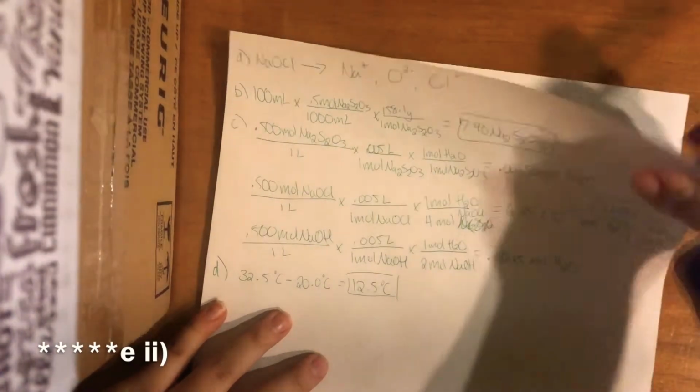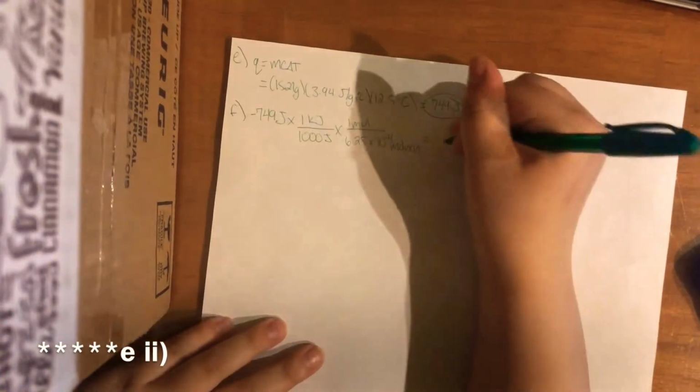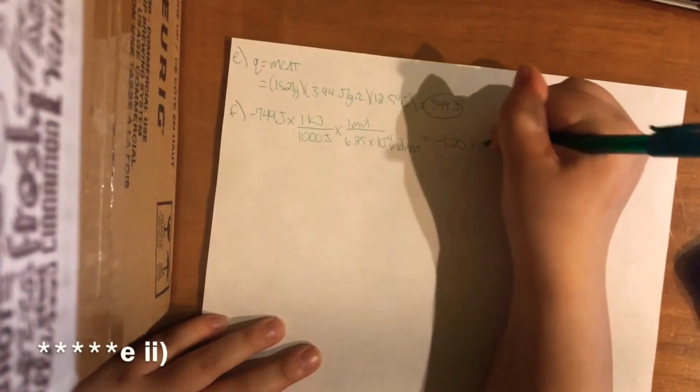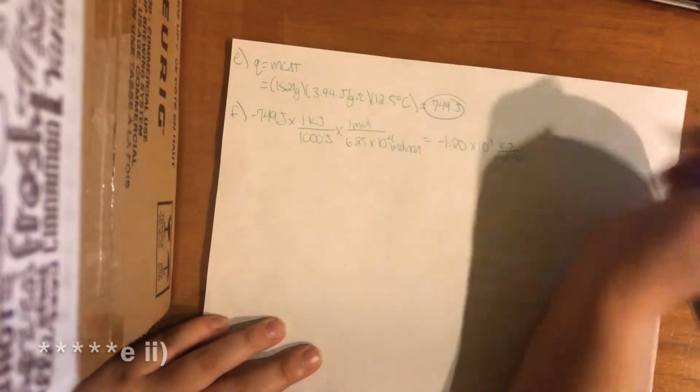So you have to plug that in because it's your limiting reactant. So once you do the calculations, you should get -1.20 times 10 to the 3rd kilojoules per mole reaction.